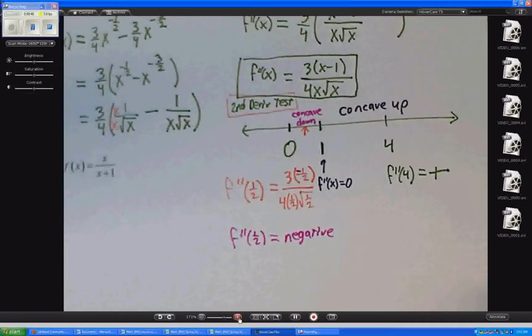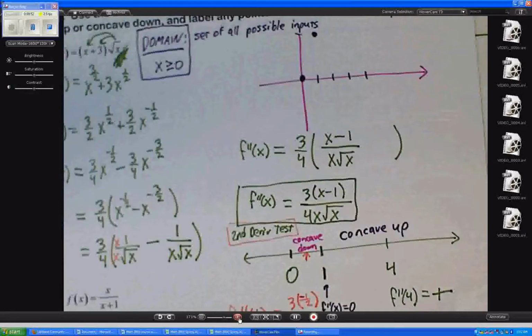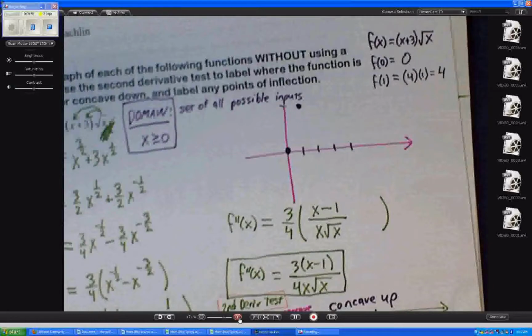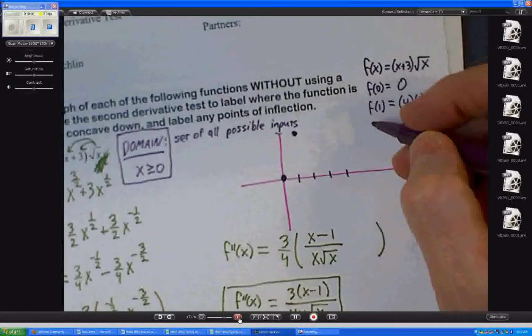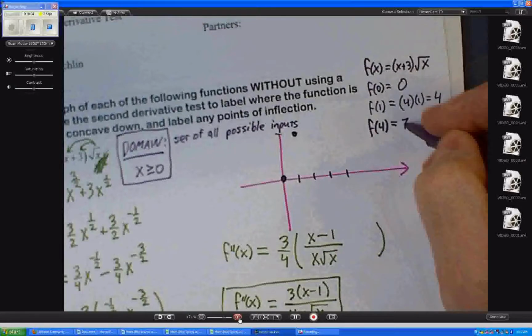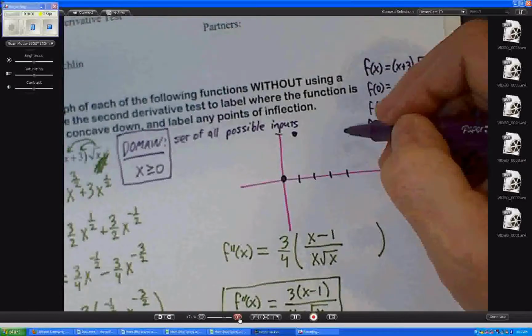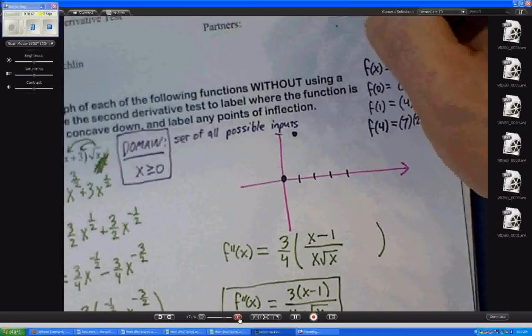Now how does that help me sketch the graph? Well, remember up here, I plotted a point, right? I plotted 0, 0, I plotted 1, 4, and then I was about to plot 4, comma, isn't it 7 times 2, so it's 14? 4, comma, 14, let's see, 4, 8, 12, 14 is way up by where I wrote my name.